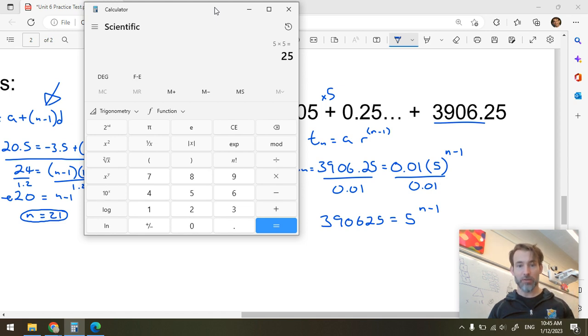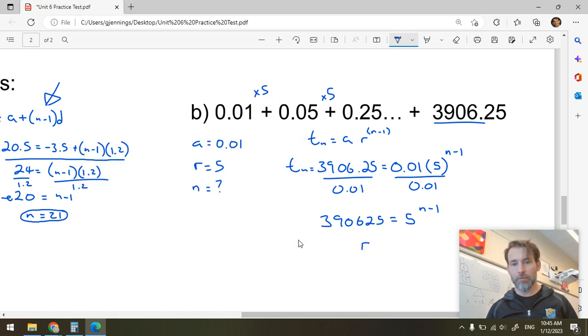Count them on your hands. 2, 3, 4, 5, 6, 7, 8. There's that number. 5 to the 8 equals 5 to the n minus 1. 8 equals n minus 1. n equals 9. Okay, cool.